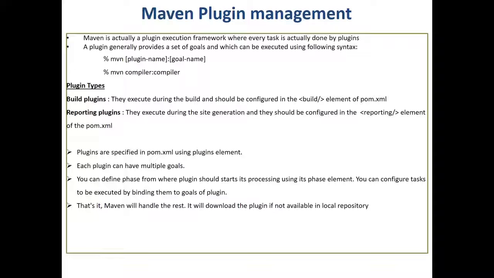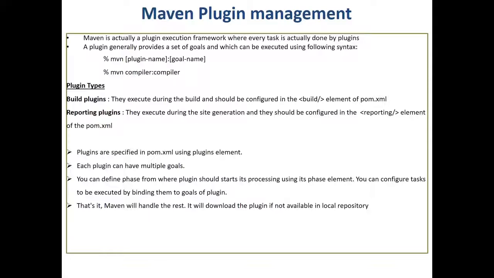So in Maven, it is all about running different kinds of plugins. If you don't tell anything, it will be using the default goal and the default plugin associated. But if you want to do anything additional, then you will specify the plugin through which you will be doing this additional task. Once again, Maven is all about plugin management.